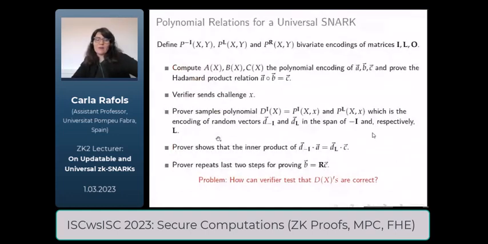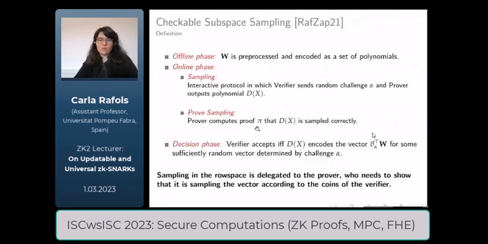Which was the difficult part here. I didn't tell you how to do it, okay? So for now, we don't have a SNARK because we don't know how to do this part.